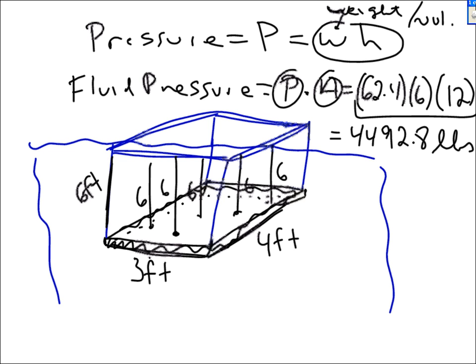That is, the sheet metal is parallel to the surface. If it isn't, it's a completely different problem. We're going to do that, but for right now, it's parallel to the surface of the water.